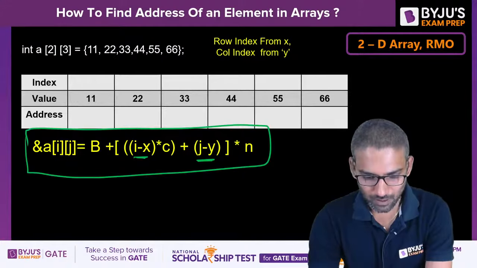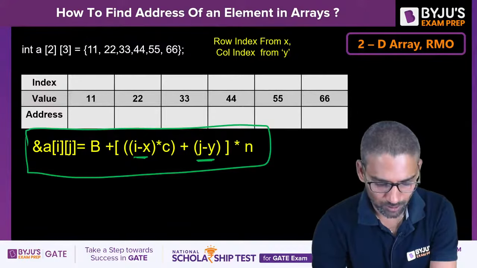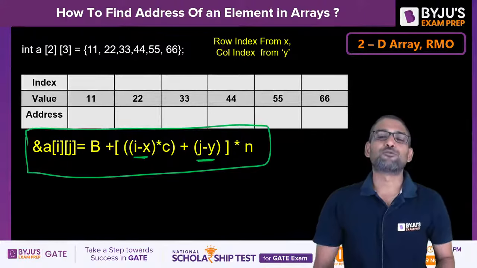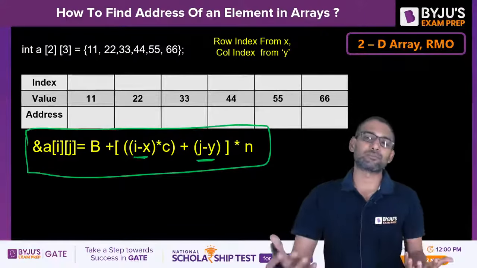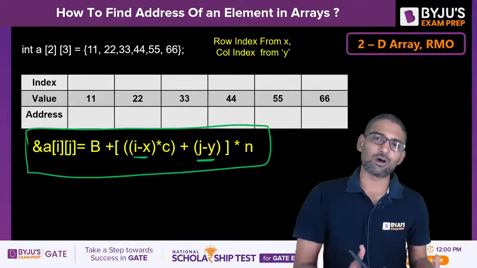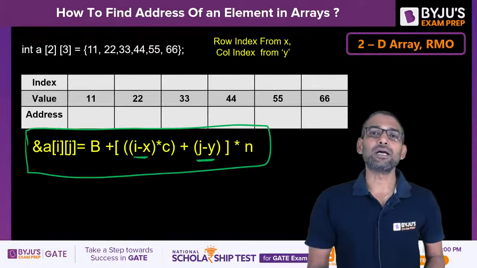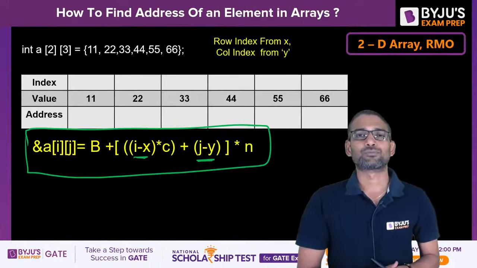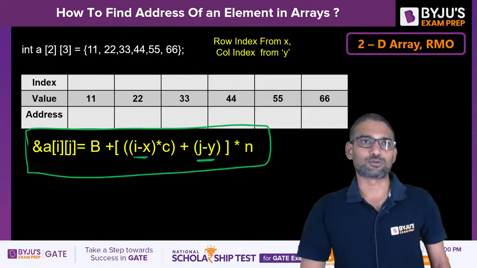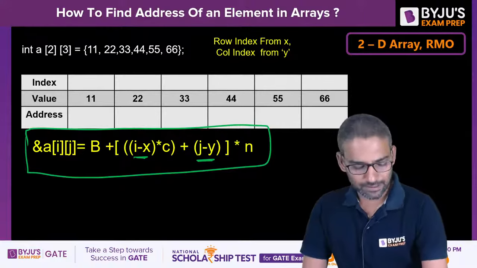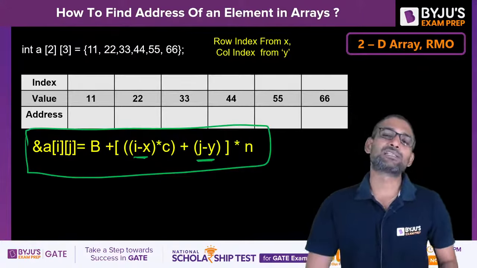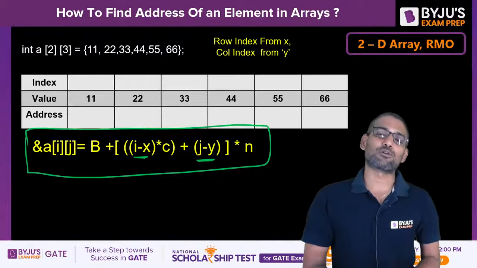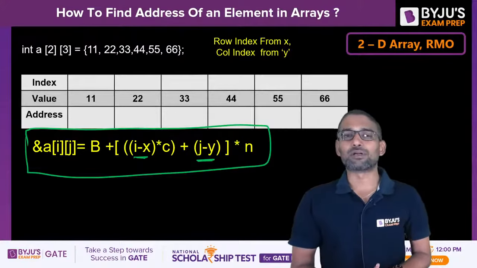Okay. Now, in the same way, you can also understand from 0, from 1, from 2, from 5, from some different number for both indices or for different indices in column major order also. That I am leaving for your practice because C programming follows row major order only. Languages like Fortran followed column major order.